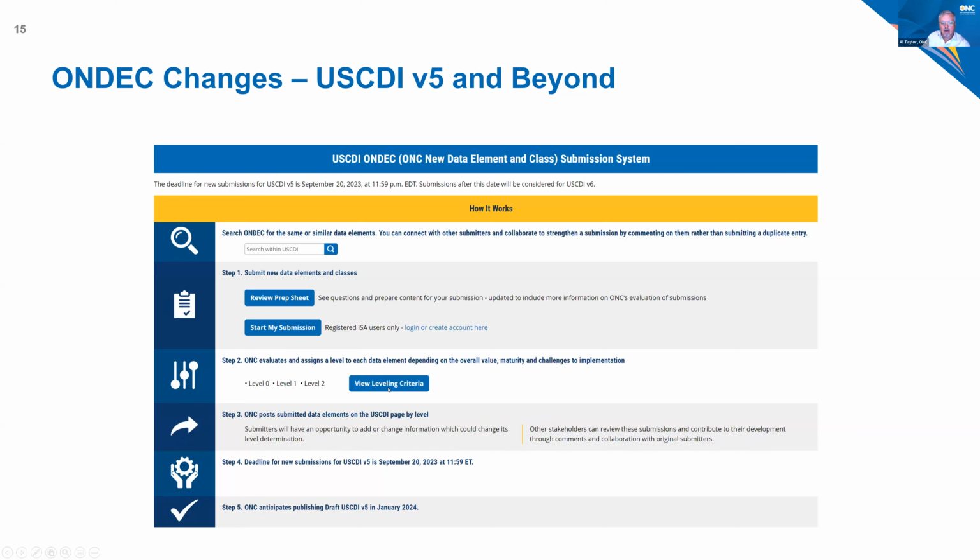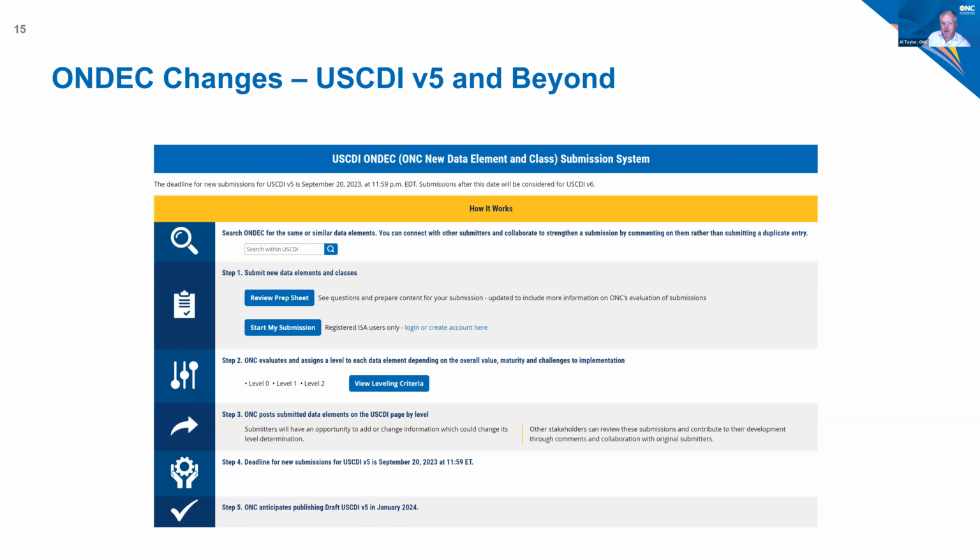We also added a page where we talk specifically about the leveling criteria that are used, so that a submitter who wants a new data element can have a reasonable expectation about what ONC will do with that data element and how it's likely to get leveled.